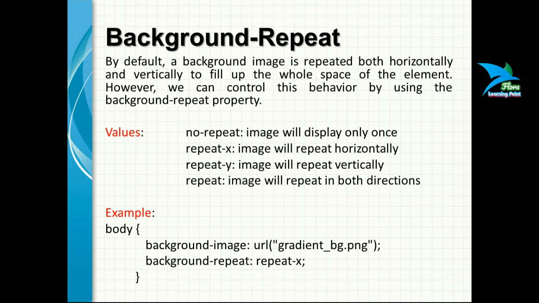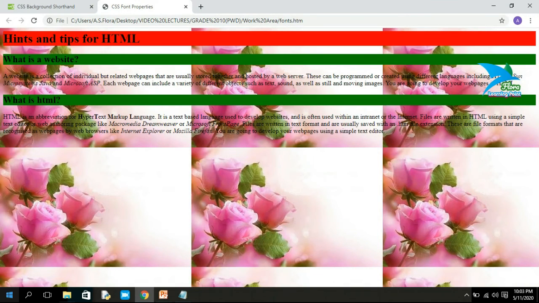Next we are having background repeat property. By default, a background image is repeated both horizontally and vertically to fill up the whole space of the element. However, we can control this behavior by using the background repeat property. So that means when you will apply an image as a background to some element, then that image will be repeated horizontally and vertically to fill the blank area of that element.